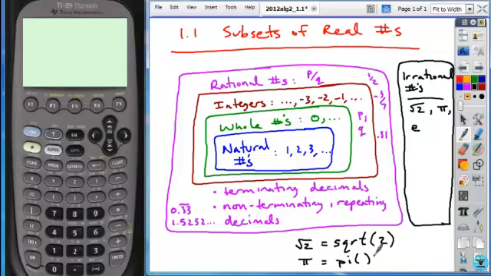In addition to these is the non-terminating, non-repeating decimal. So if I did something like this, 5.11212 dot dot dot. The dot dot dot means the pattern continues. So can you see a pattern in those digits? It's 1, and then 1, 2, and then 1, 2, 3.